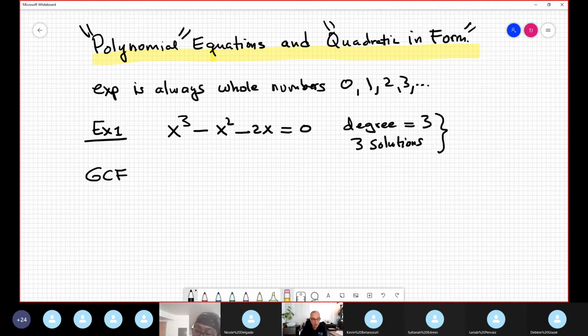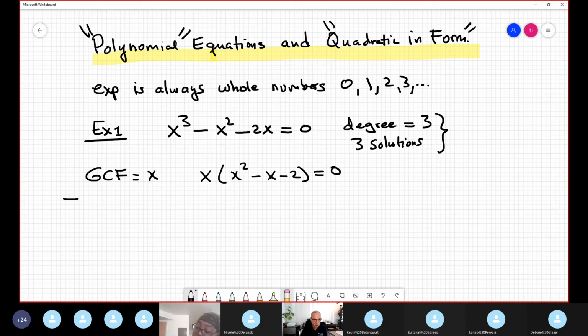The GCF in this expression is x, because we have x here and x here. At least one x is common. I factor out x, leaving x squared minus x minus 2 equal to 0. Did I finish the factorization?